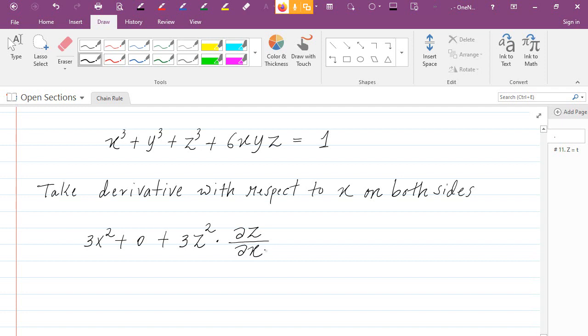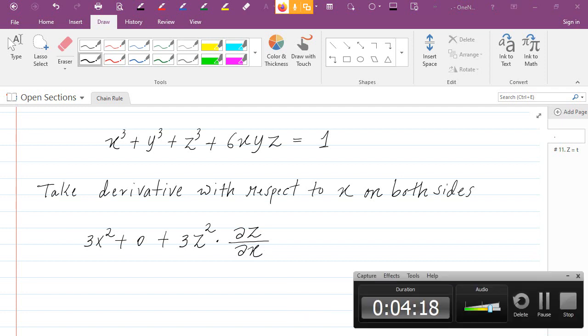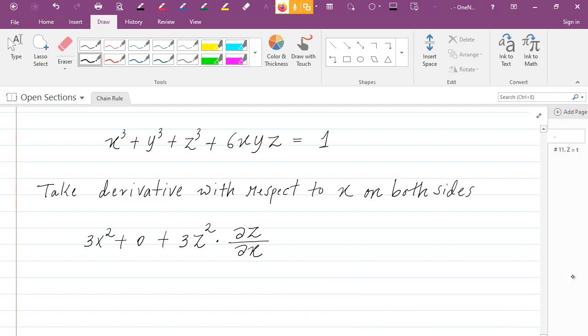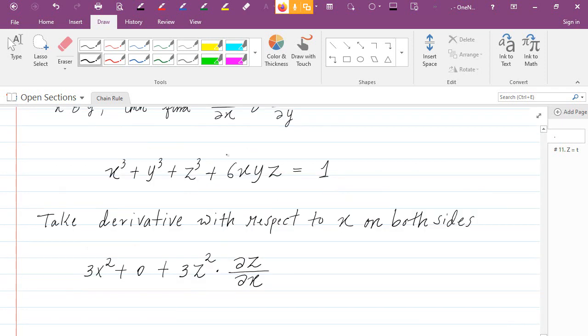Now we have the third term here. I'm going to think of 6xy as a function of x and y, and then we are also thinking of z as a function of x and y. So I'm going to apply the product rule there.